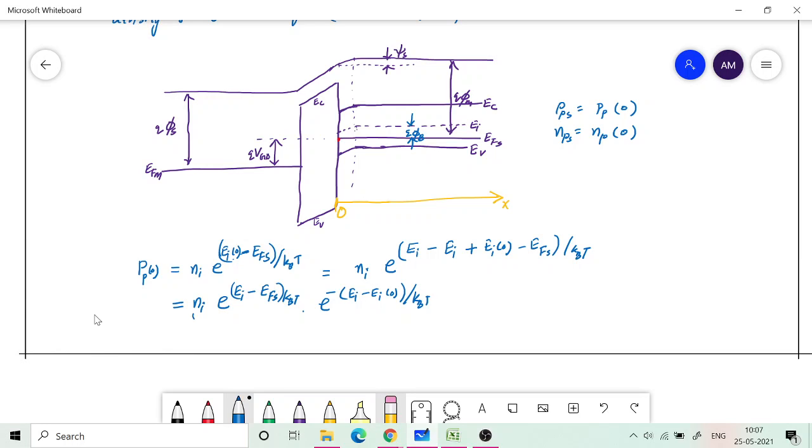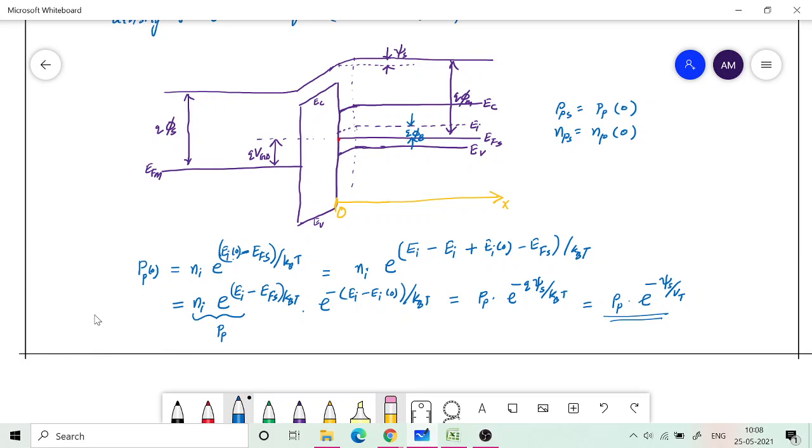Now this quantity we already know. So that is equal to, this is basically PP. So PP into minus, and EI minus EI 0 is what we refer to as Q psi S. So if you now substitute VT, we get a very simple expression, that is minus psi s by Vt.